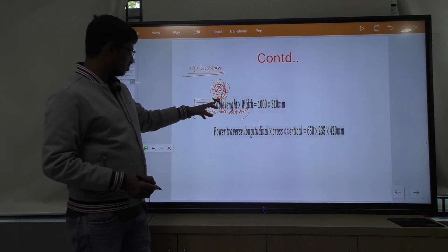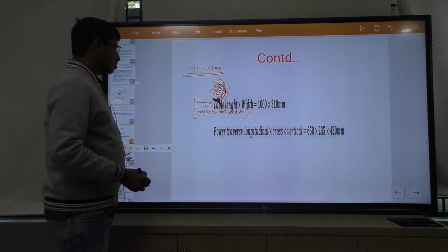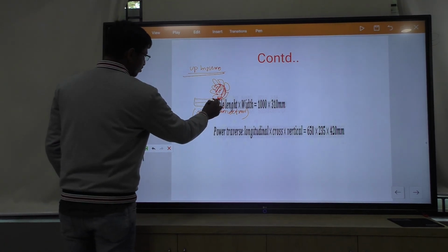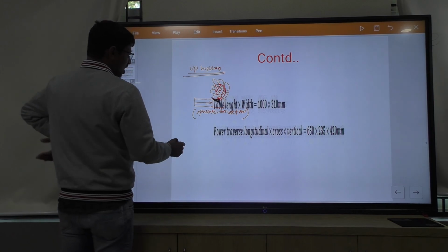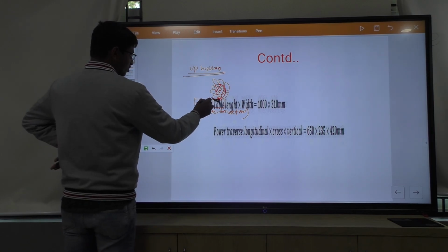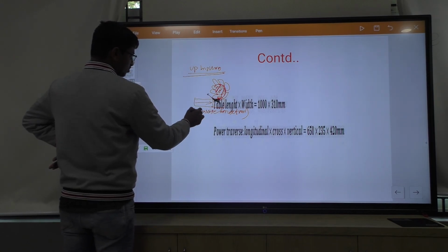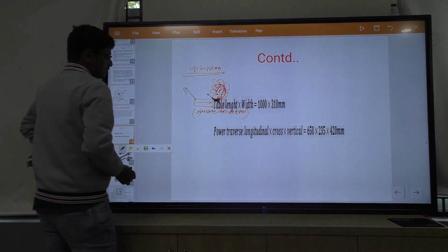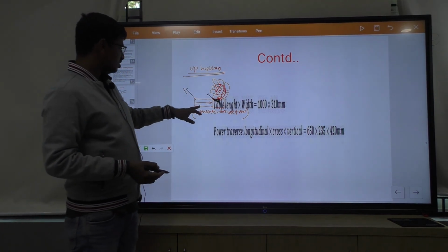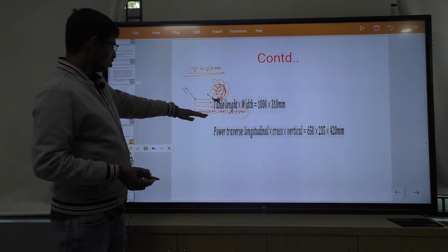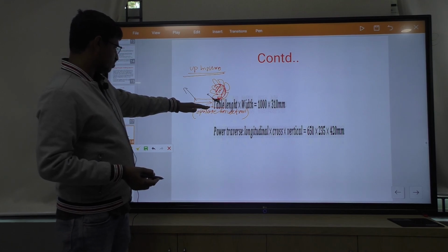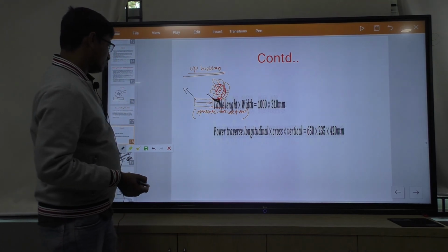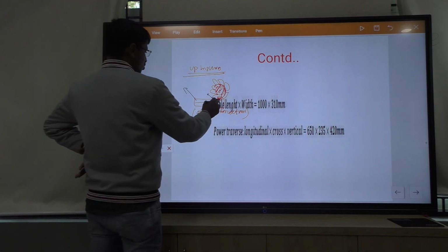This thickness varies from maximum to minimum. For this reason there is a heavy force, which may lift the workpiece from the machine table upwards.